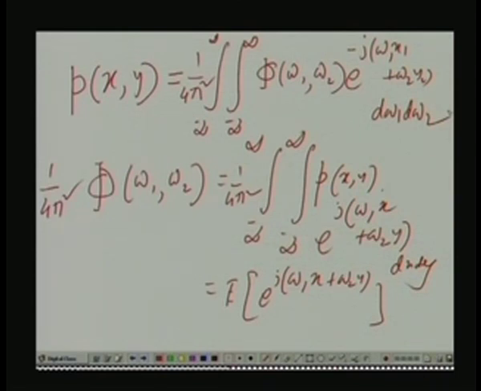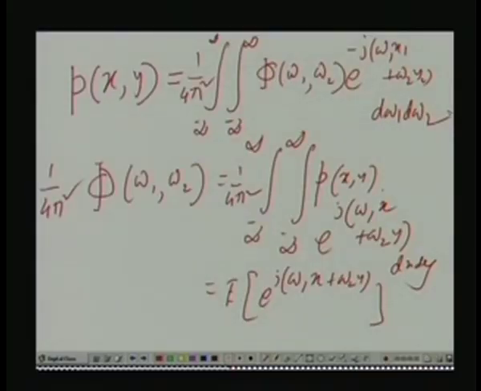So this is the definition, and for the given phi(omega 1, omega 2) we can also find out the marginal characteristic functions, that is phi of omega 1 and phi of omega 2, phi of omega 1 being the characteristic function of x alone, and phi of omega 2 being the characteristic function for the random variable y alone.